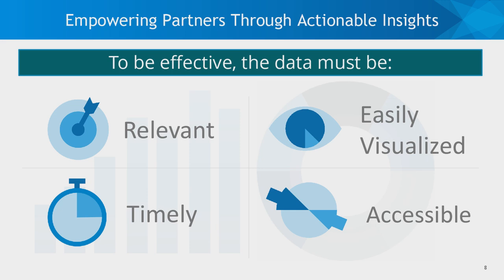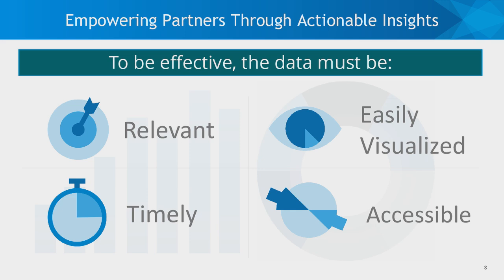But of course, we have to choose what type of data we want to put together, and it needs to meet these 4 criteria. In fact, everything we do in the Envision platform really meets these 4 criteria. We strive for these. 1, the data needs to be relevant.